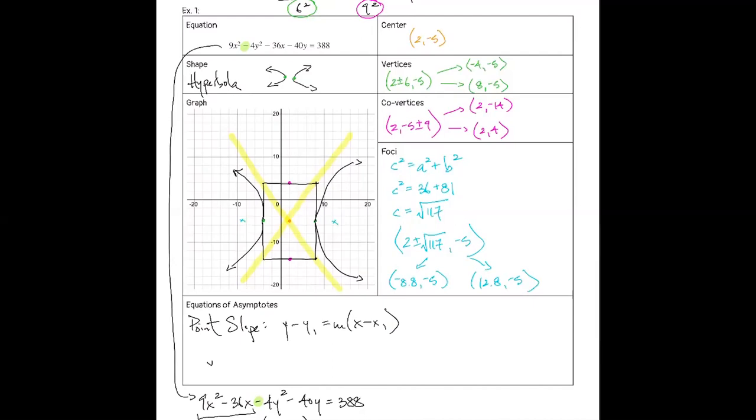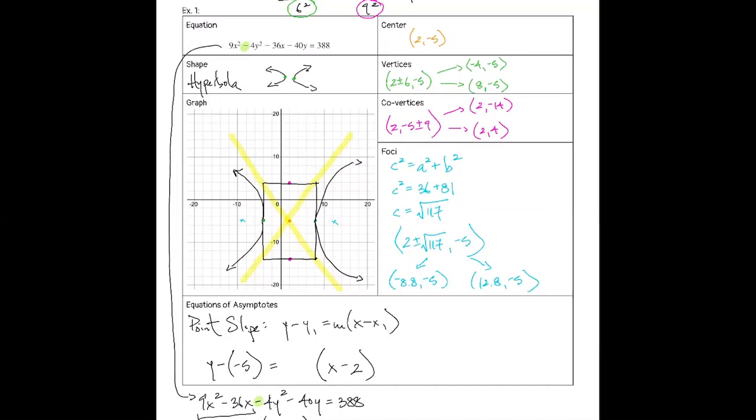So we get y minus -5 equals x minus 2, and we'll leave a space for the slope.